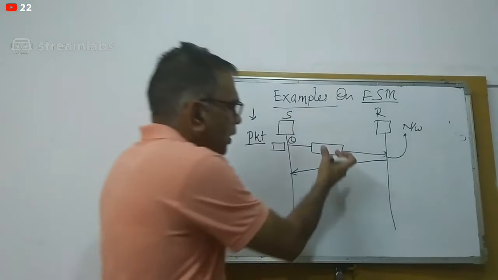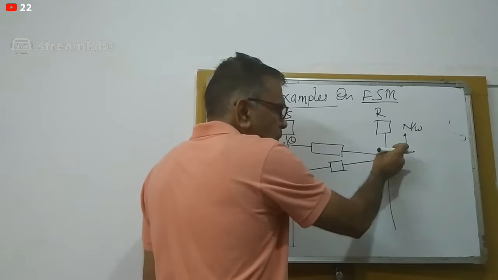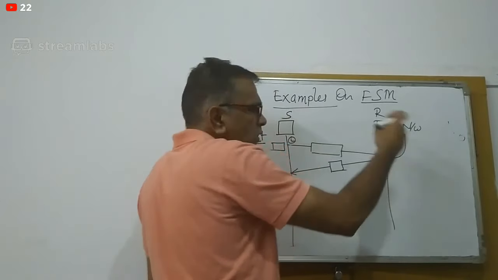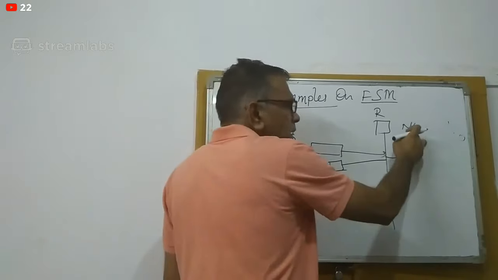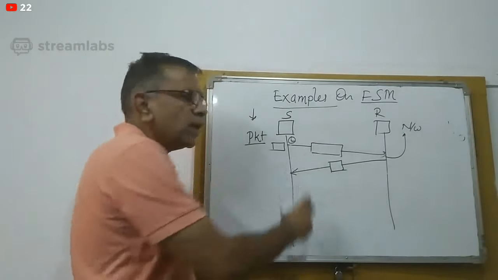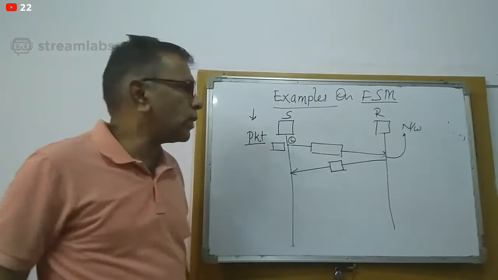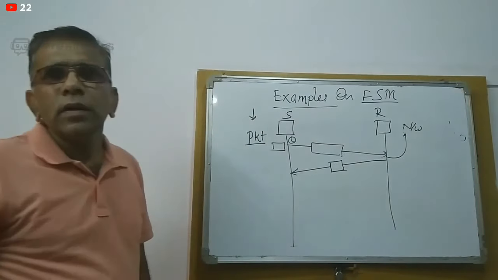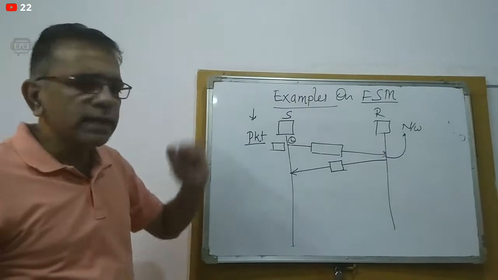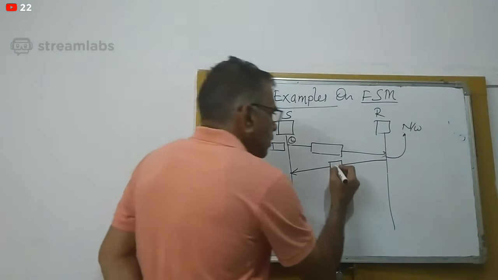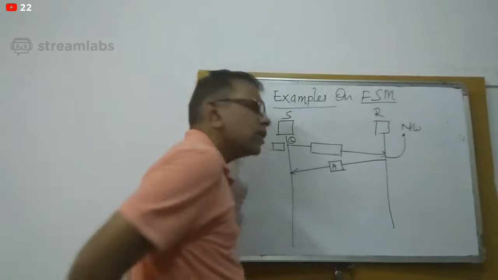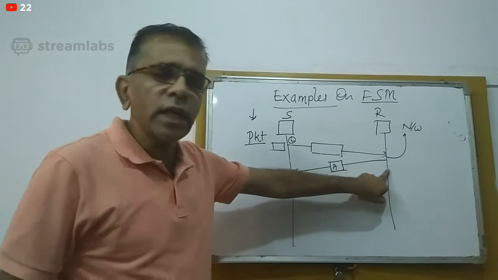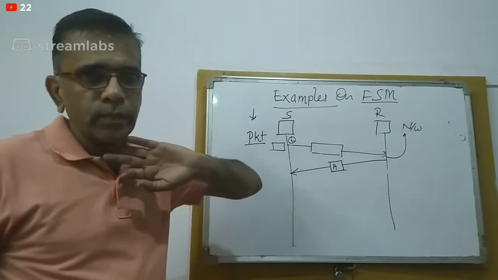So it accepts the frame and checks it for errors. If it passes the test, it extracts the packet present in this frame and hands it over to the network layer. After that, it sends the acknowledgement frame to the sender. Normally this acknowledgement indicates the next expected frame at the receiving side.